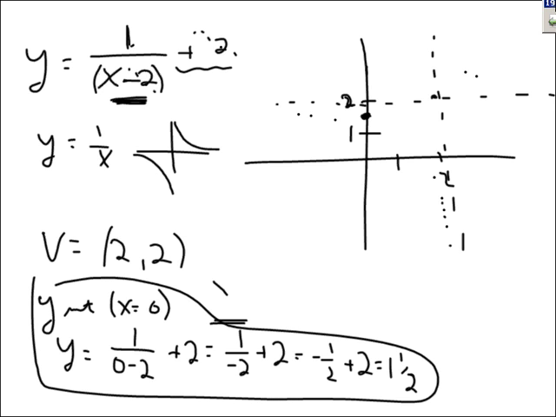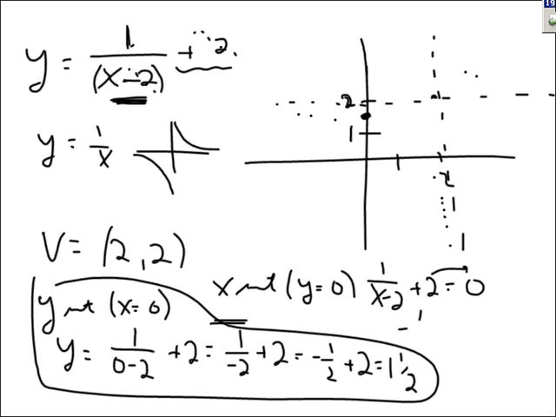Let us now find the x-intercept. That means the other letter, y, is 0. So you have 1 over (x minus 2), plus 2, is 0. Bring the 2 over. 1 over (x minus 2) is negative 2, which is the same as negative 2 over 1. Take reciprocals.